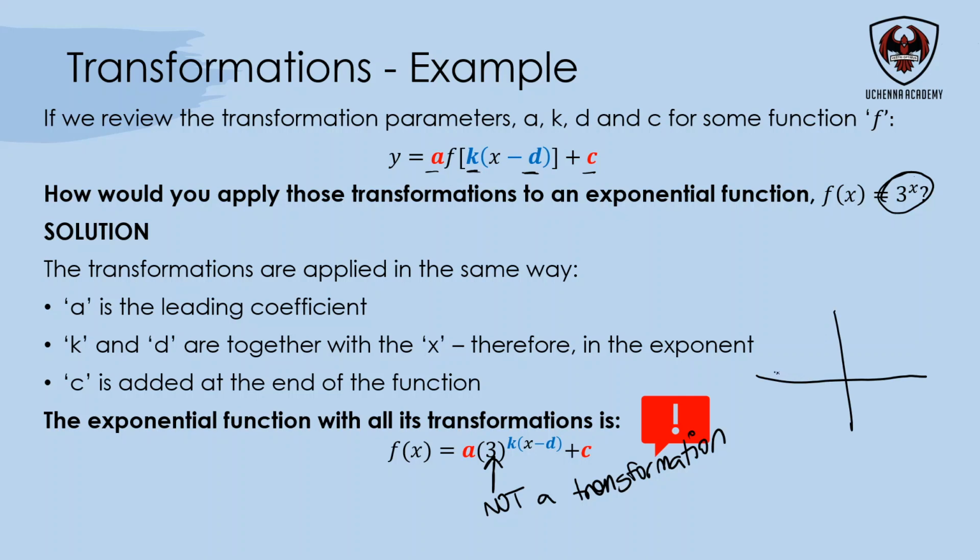So if I have 3 to the x, it's just going to rise faster than 2 to the exponent x would look like, right? So if this is 3 to the exponent x, it's rising faster than 2 to the exponent x. This might be y is equal to 2 to the exponent x. So the base function gives us the original function, and then we apply the transformations to it: A, K, D, and C.